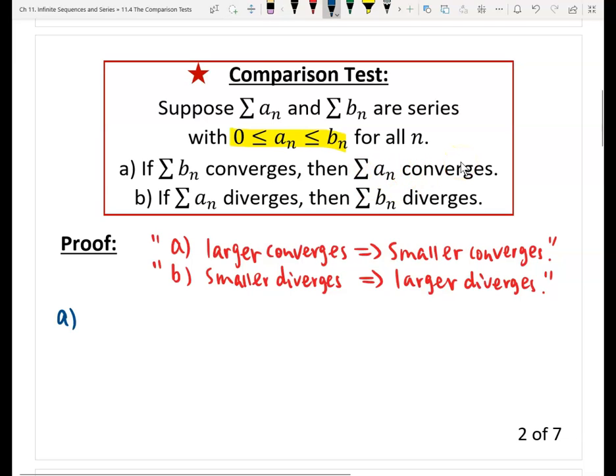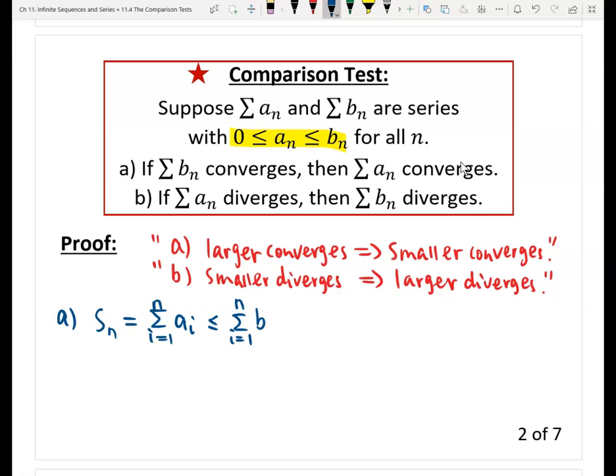Let me write down the partial sum, which is S_n, right? This S_n is the partial sum for the A series, so I write it this way: the sum from i equals 1 to n of a_i. This is the partial sum for the A series. And how do you show it converges? But we can control it, right? Can you see, is this right?